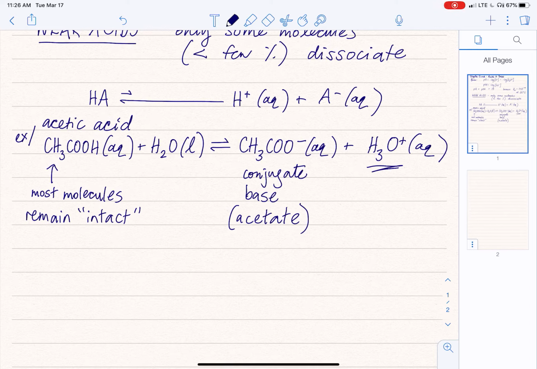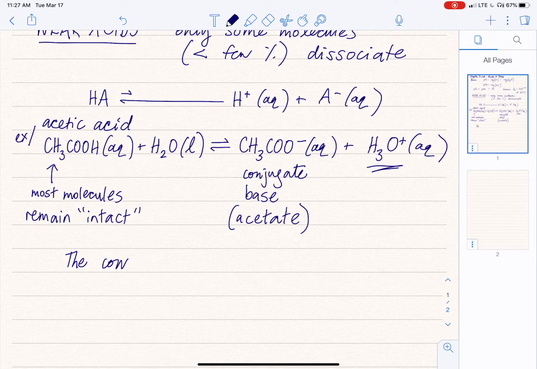Okay, so the conjugate of a weak acid is a weak base, because this base here is actually a strong enough base to push the equilibrium in the opposite direction. See that? So that's what makes this so different from a strong acid, strong base situation. This is an actual equilibrium reaction. And that means that they're kind of more equal partners.